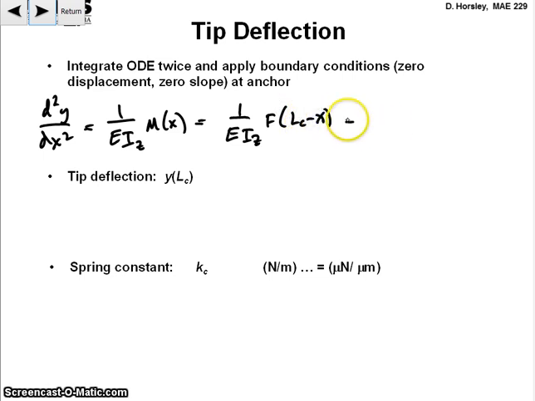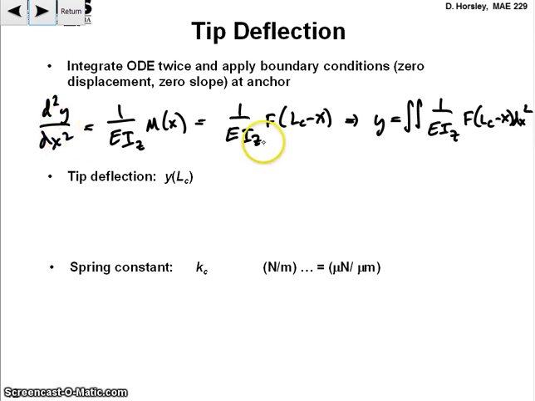So y is going to be the second integral of 1 over E I z F (L_C minus x) dx squared. We have the second derivative of y with respect to x equal to this formula, and so we're going to have to integrate this equation twice.